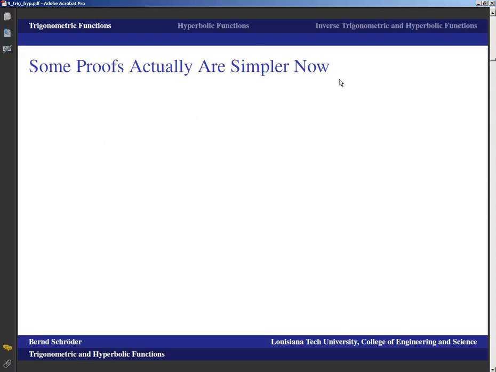And it turns out, well, now of course comes the big thing, right? In a class like this, we want to prove everything we claim. Now, we're not going to prove all those identities. We're just going to give a sample, and I think some identities are also supposed to be proved on the homework. But some proofs actually turn out to be simpler. For example, remember the additive identity for the sine.